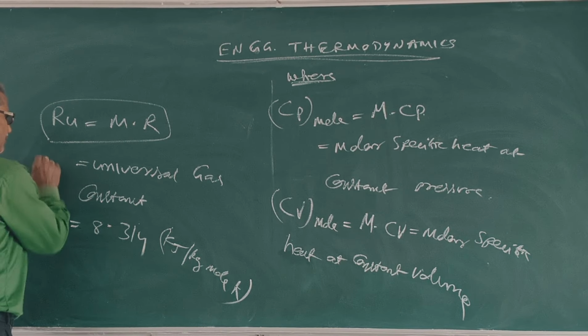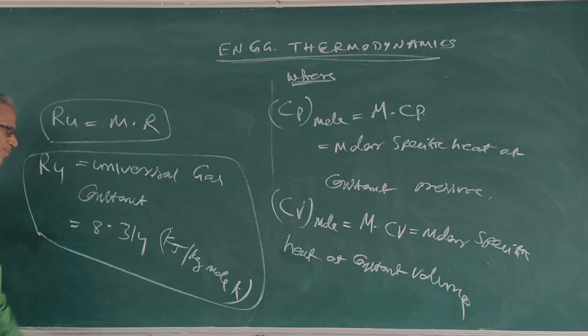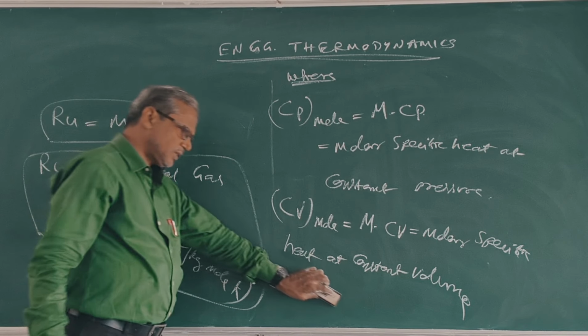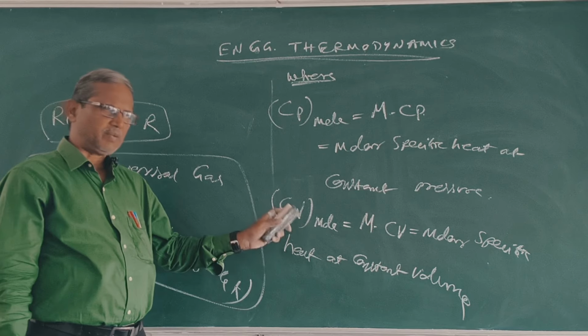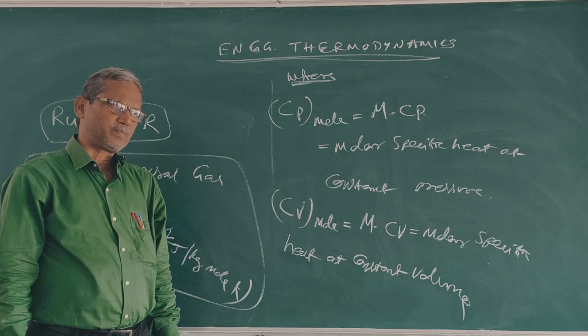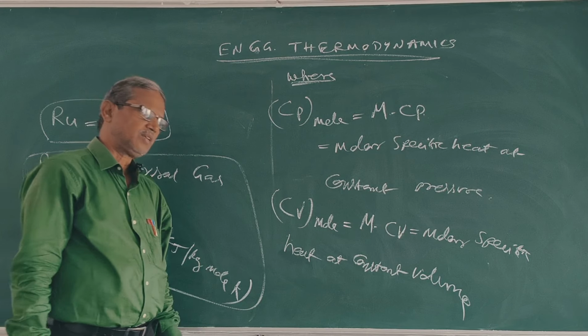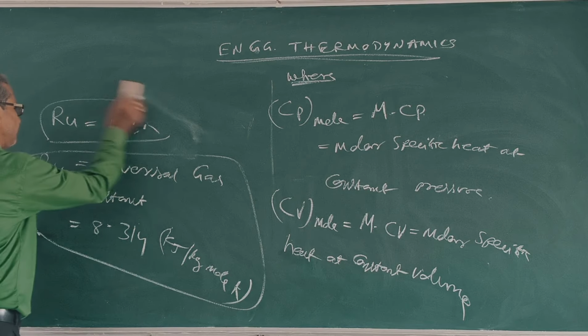Clear? This is the value of Ru. Now, this is about the relation between Cp, Cv and R. Now, I will derive the expression PV to the power gamma is constant. Adiabatic process formula.